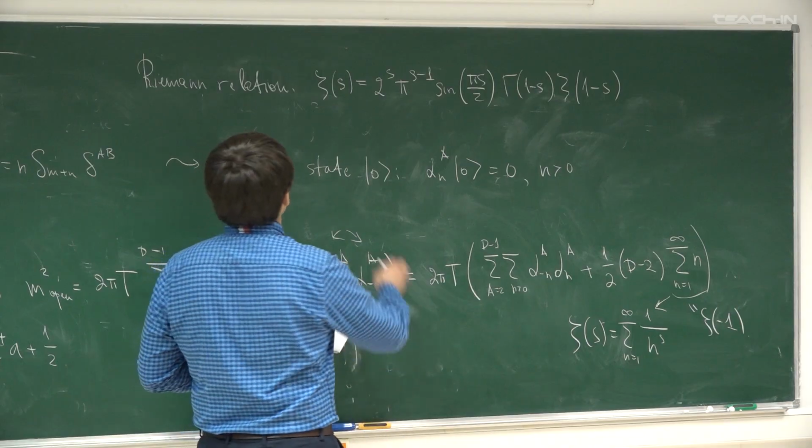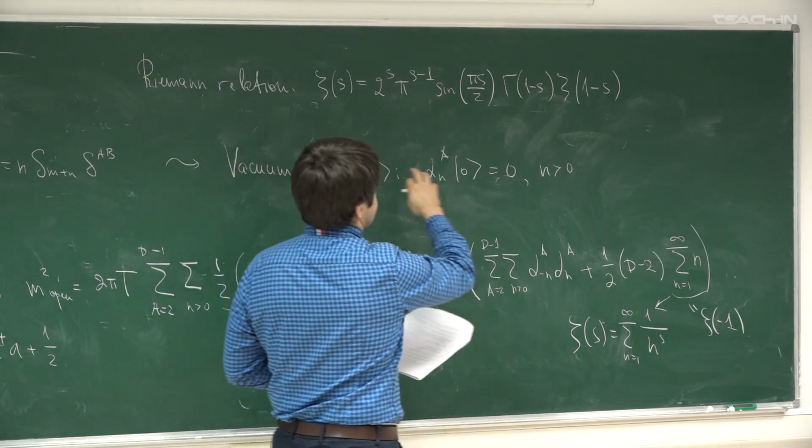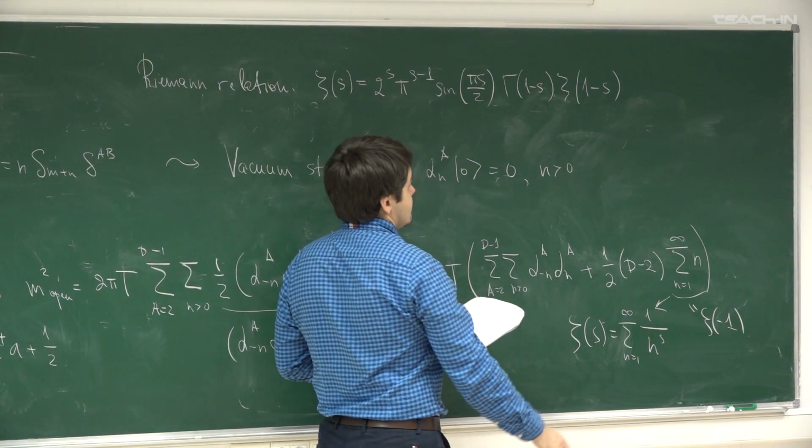So we want to evaluate zeta of minus 1. So this relates this to zeta of 2, which we know.